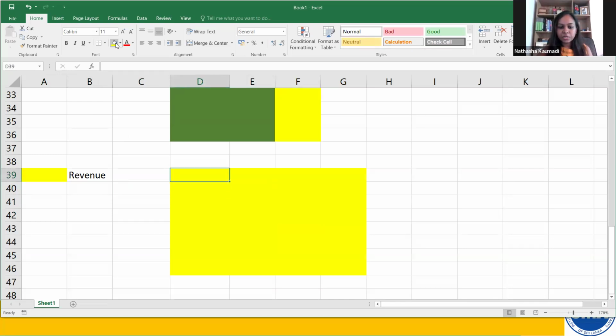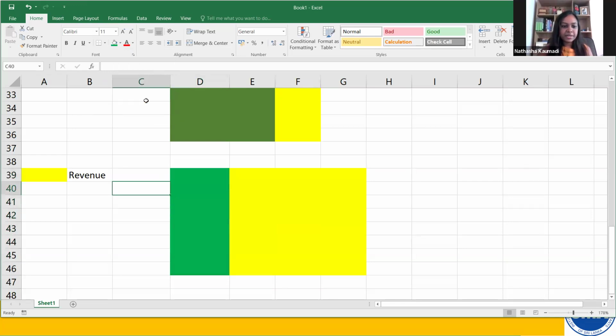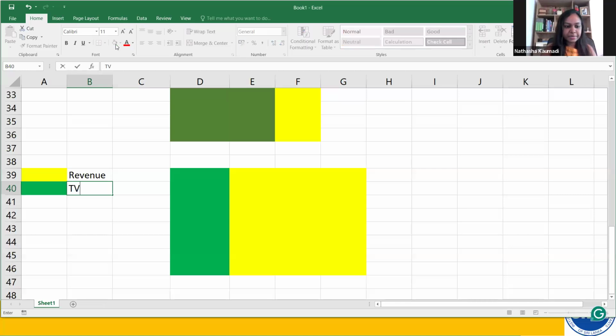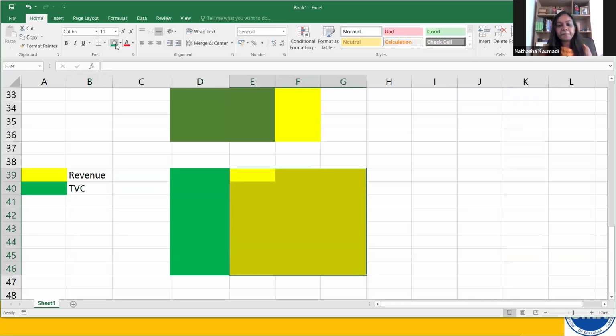Let's say this green color is total variable cost, TVC. Now tell me, what is this remaining yellow color area?